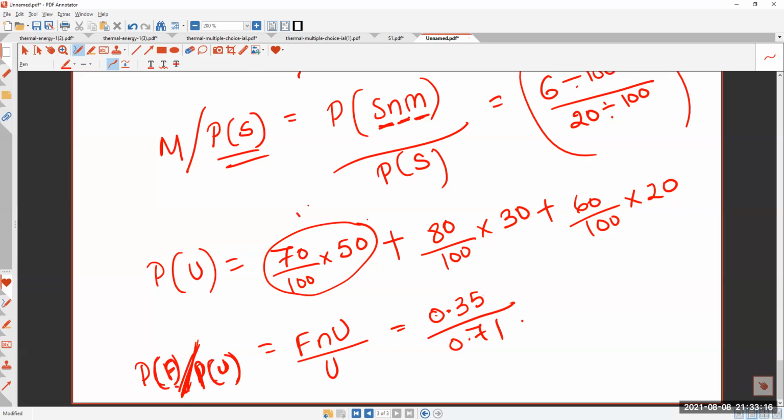University শুধু এটাই common, this is the F intersection university. French and university 0.35, F and U divided by university. University apply কত পাইছিলাম আমরা এর আগে? 0.71 পাইছি না, so divide by 0.71, answer 35 by 71. Clear Saima? Yes, clear.